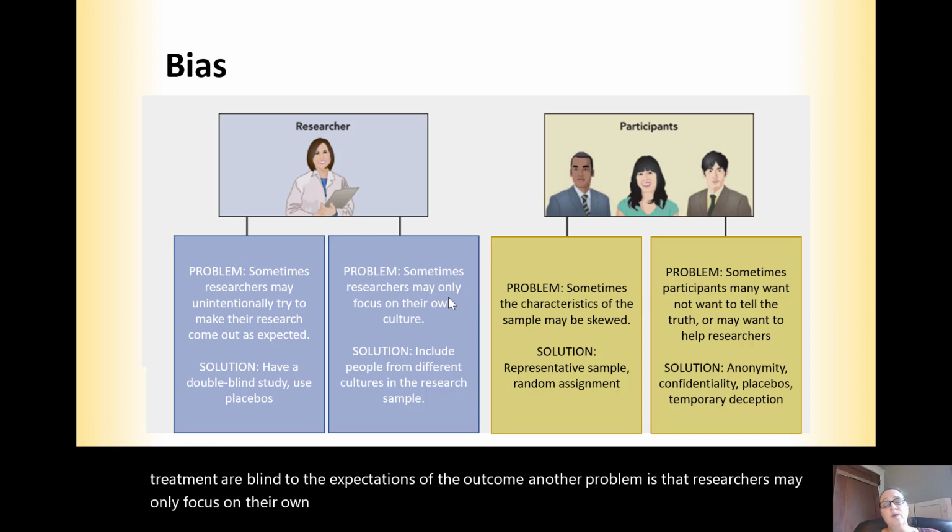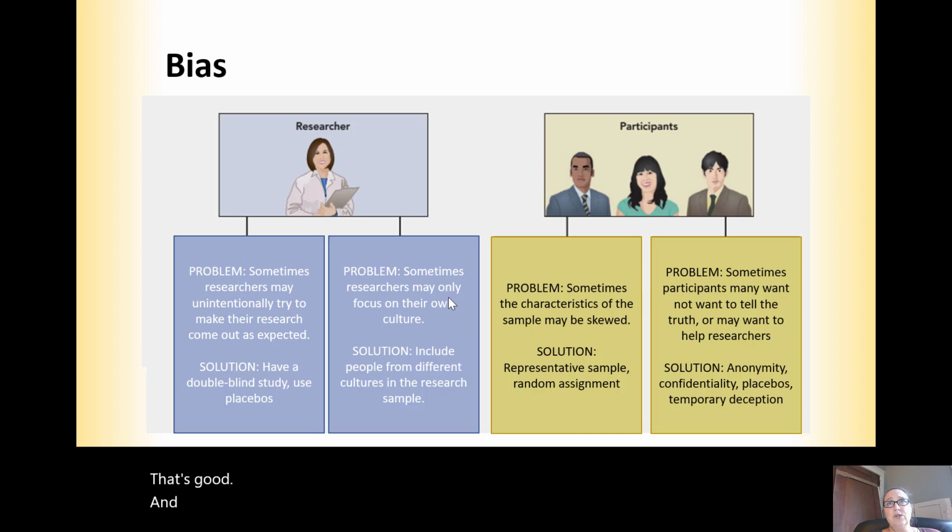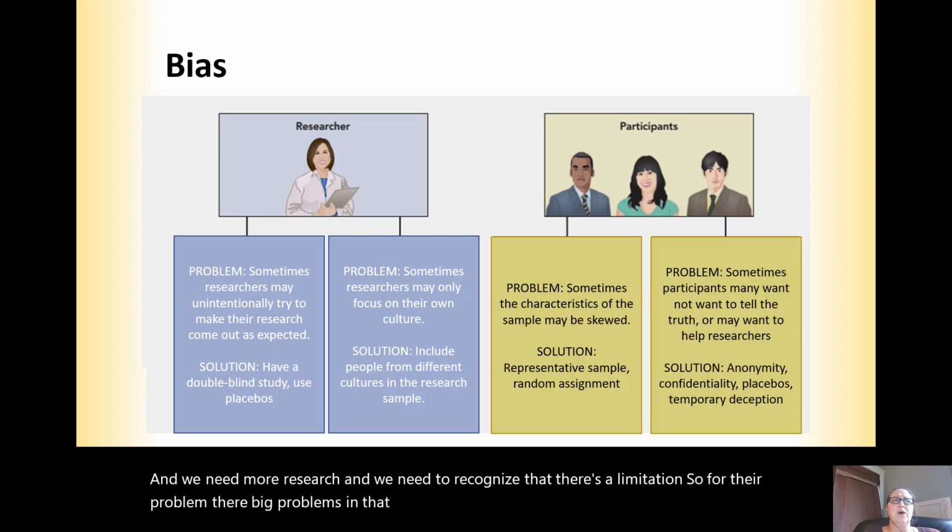Another problem is that researchers may only focus on their own culture. There's so much research about white men, and that's good, and we need more research, and we need to recognize that there's a limitation. There are big problems in that; we saw it even when we were looking at the theories.